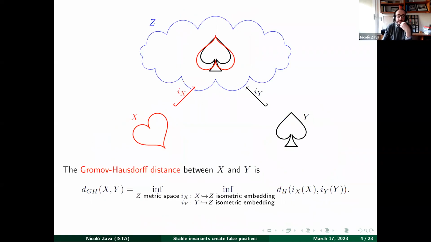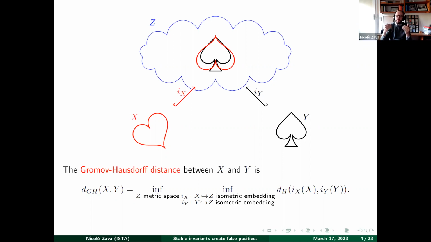But what if we have arbitrary metric spaces? Let's start with two arbitrary metric spaces, let's say compact, for reasons that I'll explain later. So we have X and Y, and the Gromov-Hausdorff distance between them is defined as follows. Take X and Y, find another metric space Z in which you can embed both of them isometrically, and over there compute the Hausdorff distance.